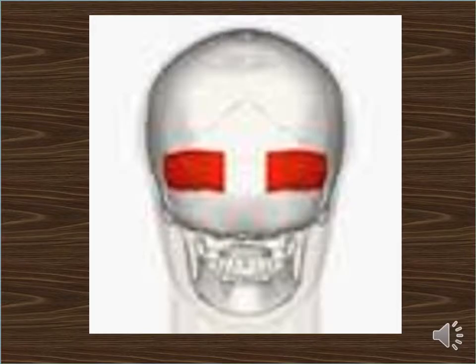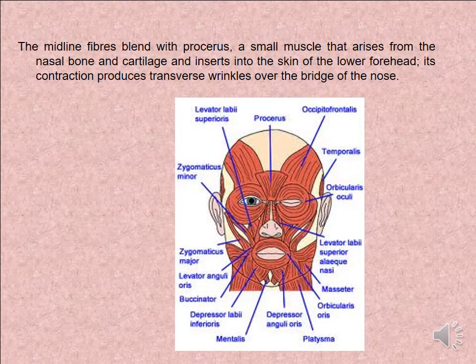This figure shows the two sides of the muscle, and there is a big septum that separates the left and right sides of the occipitalis muscle. The midline fibers blend with the procerus muscle. It is a small muscle that arises from the nasal bone and cartilage and inserts into the skin of the lower forehead.